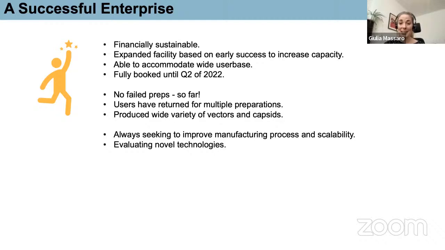So that was, again, a good sign for us. And as I said, we produce a variety of vectors and capsids very successfully. And as I said, the concept of this facility is a teaching platform and a research platform. So we're always seeking to improve manufacturing methods and scalability and AAV technology in particular.